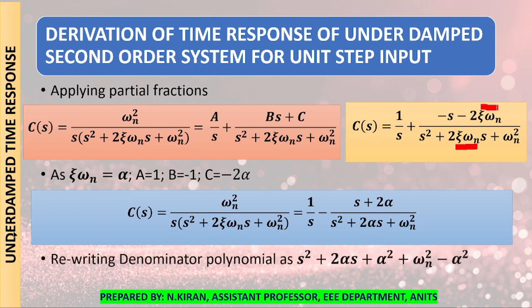The denominator polynomial, s square plus 2 alpha s plus omega n square, I can rewrite as s square plus 2 alpha s plus alpha square plus omega n square minus alpha square. Simply, I have added and subtracted alpha square. The first part, s square plus 2 alpha s plus alpha square, I can write as s plus alpha whole square, isn't it?